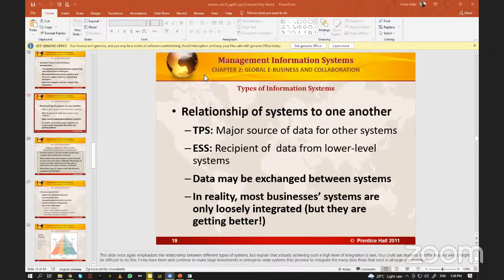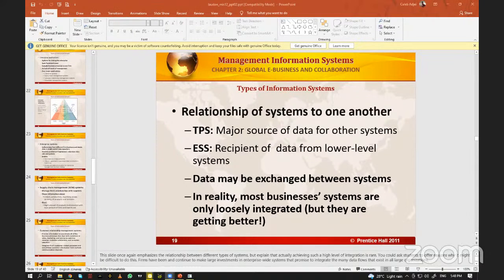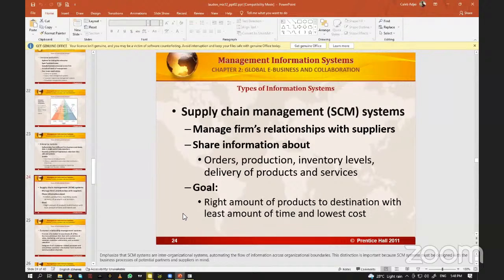Okay, let me continue. I won't spend much time. I am continuing from where I think I got to. If you are not telling me, I think this is where I got to: supply chain management systems.